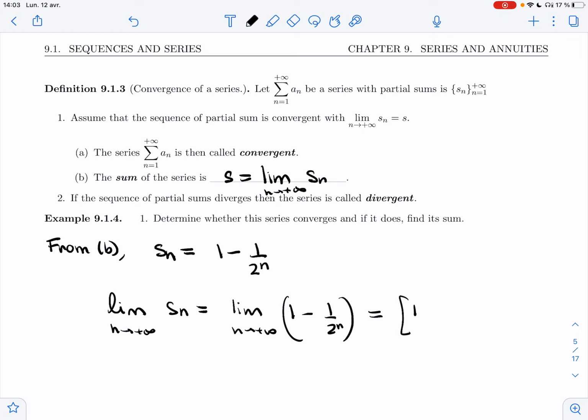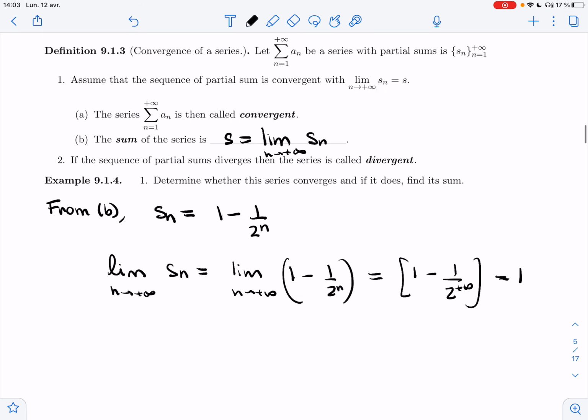And that will give you 1 minus 1 over 2 to the infinity. This goes to 0, and so I get 1.